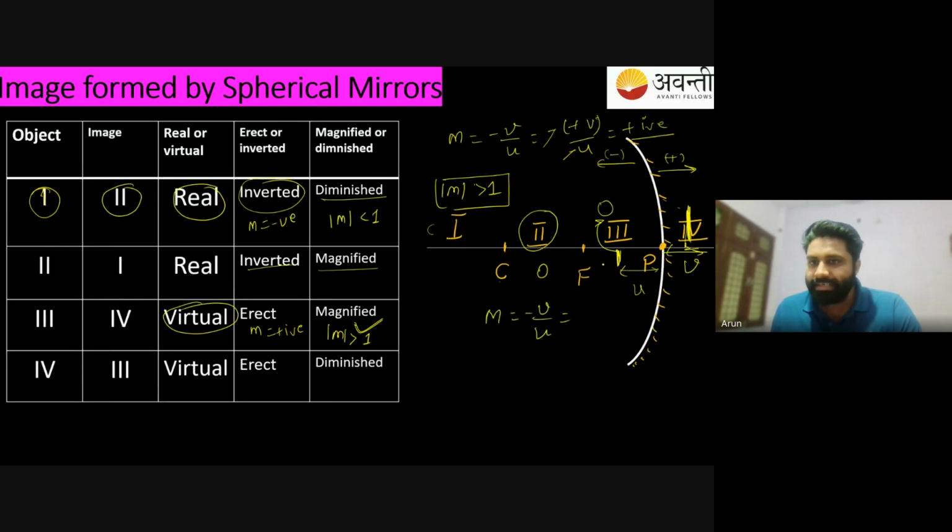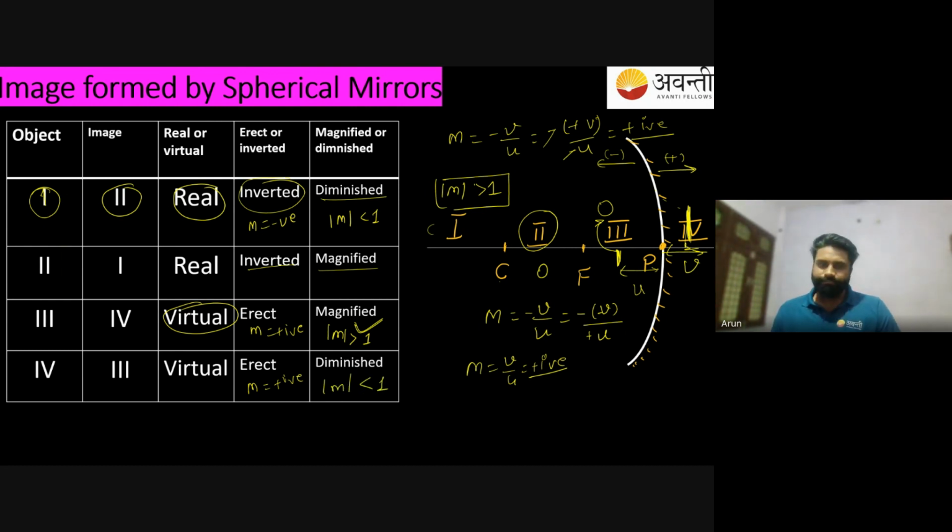Here v is negative but u is positive, so minus of v upon u. So this minus will become plus, so it will be v upon u. It is a positive quantity. So m is positive, meaning a direct image. And diminished, yeah, definitely the mod of m here is less than 1. Got it?